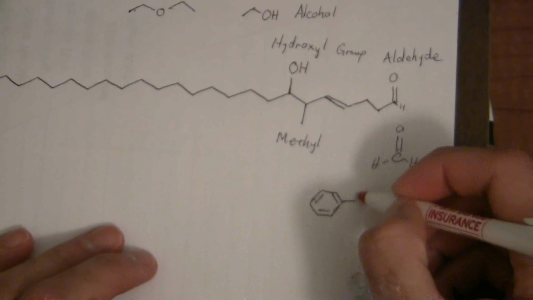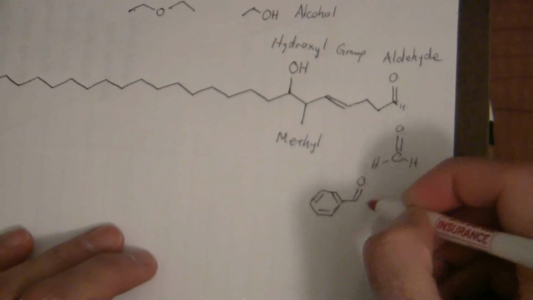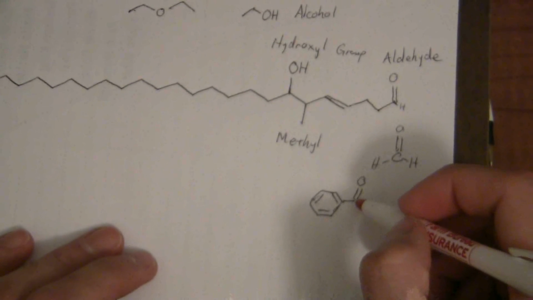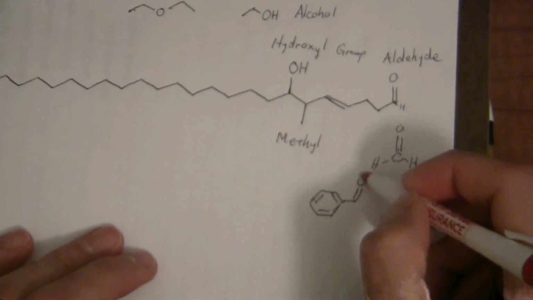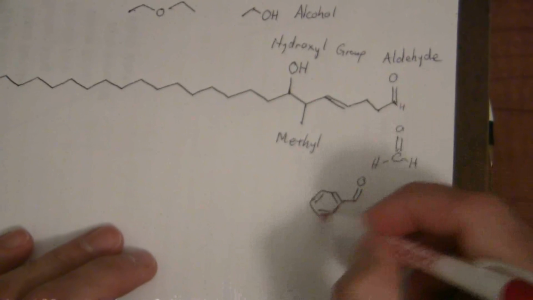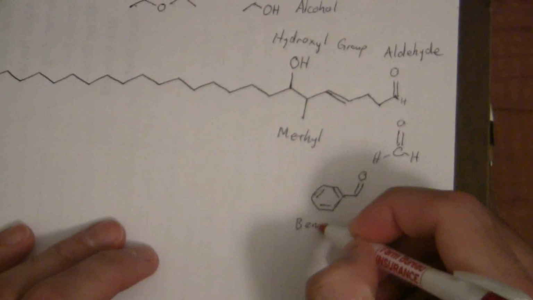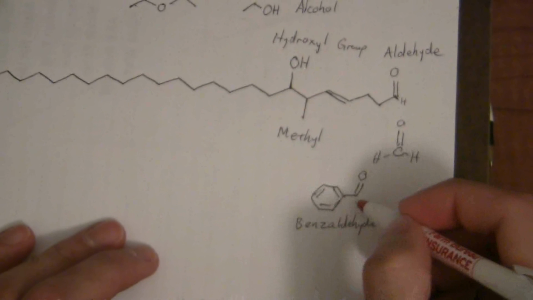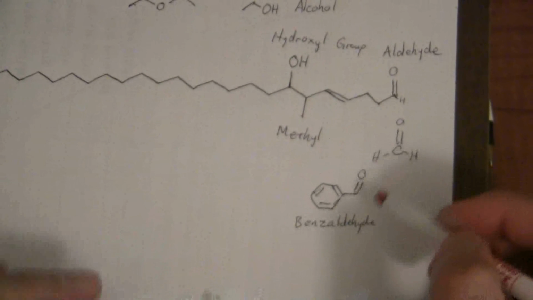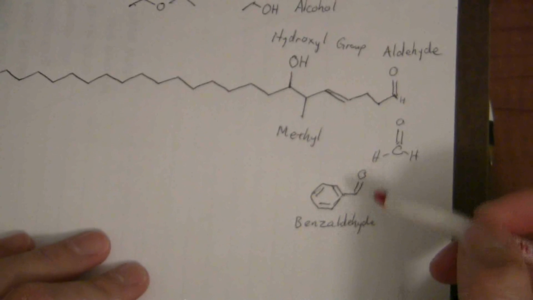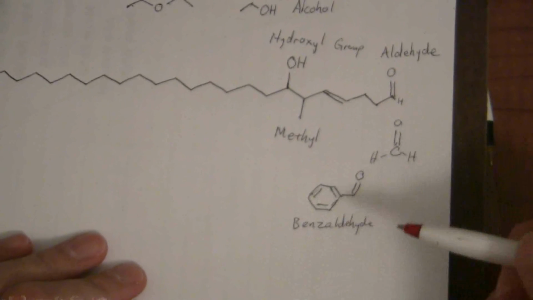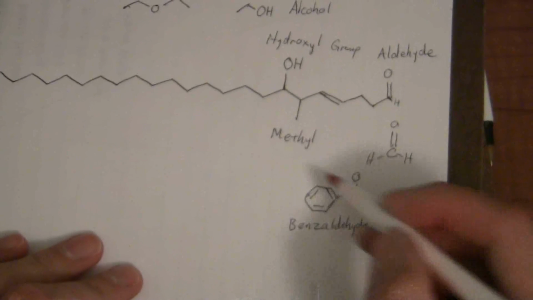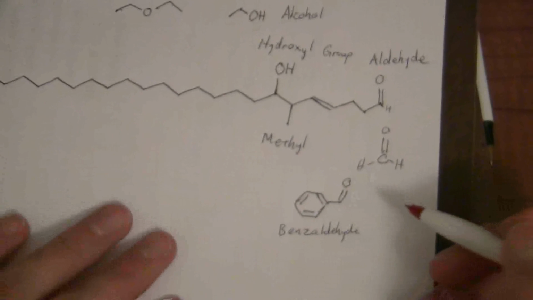We'll talk about that in a little bit, but then it has a double bond to oxygen and a hydrogen attached on that carbon, and that is the aldehyde group. This particular one is benzaldehyde, a component in almonds, and it contributes to the flavor and the smell of almonds.